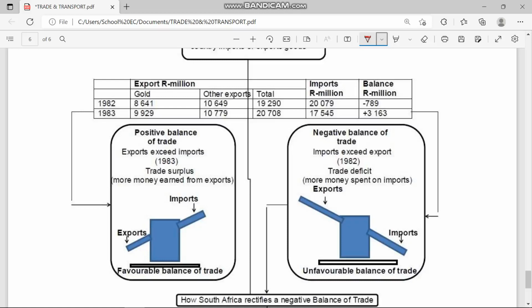So the imports, these are the goods that we took from other countries, have a value of 20,079,000.